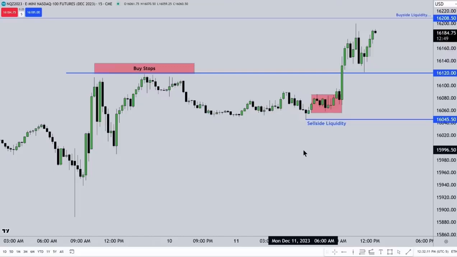So I have to wait for that first initial delivery and then look for where it left a porous wake in that price run. That means inefficiencies, fair value gaps, and liquidity in terms of old highs or old lows that they left smooth like this. Is that complicated, folks?